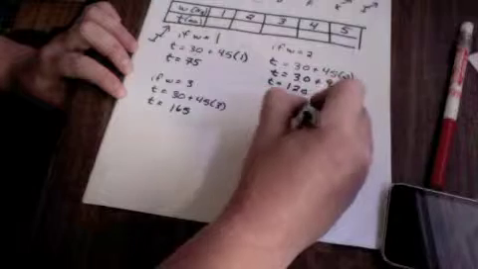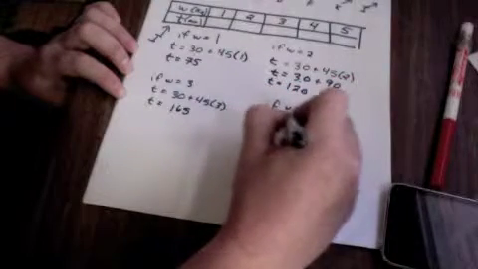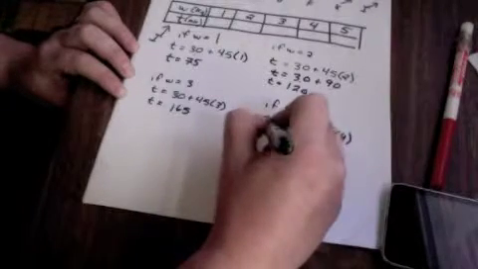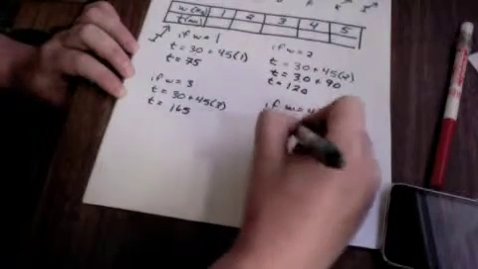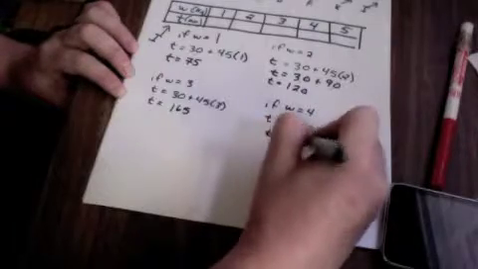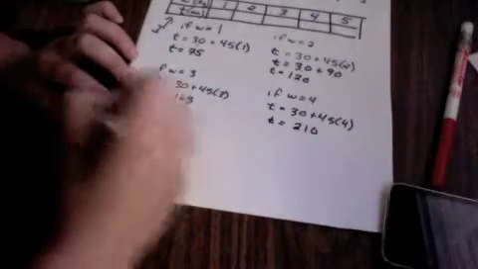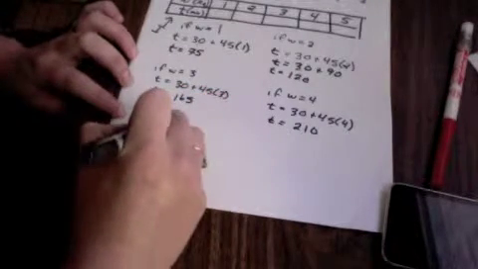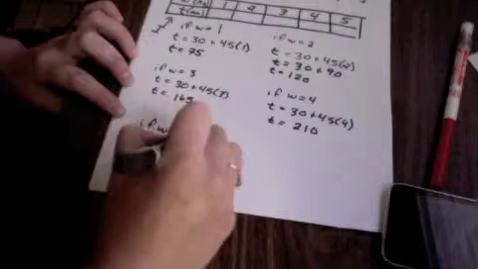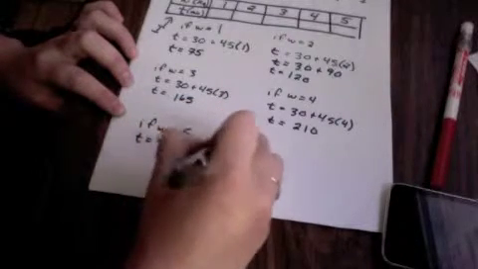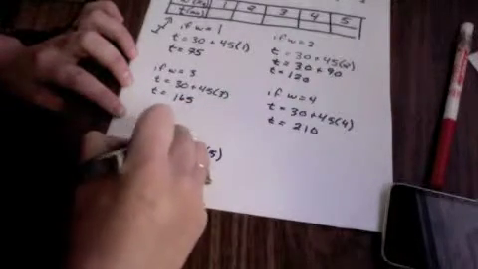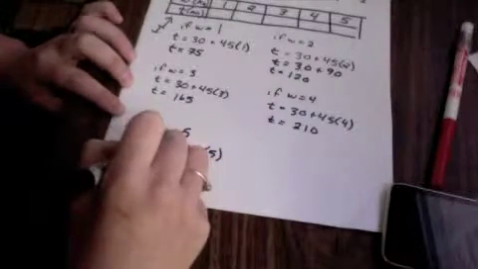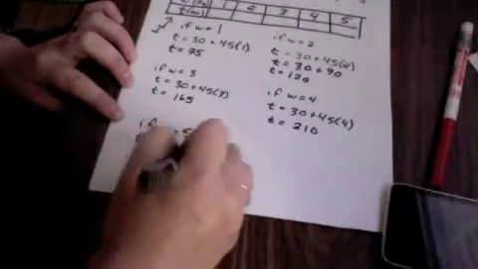If W equals 4, T equals 30 plus 45 times 4, T equals 210. If W equals 5, T equals 30 plus 45 times 5, T equals 45 times 5 plus 30 is 225.